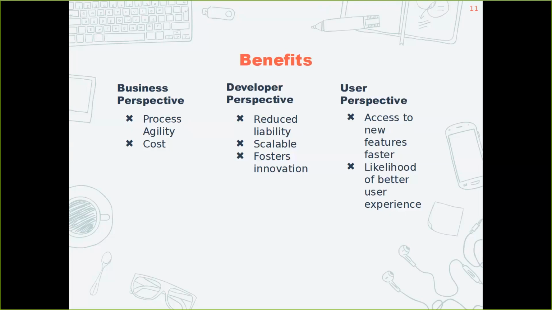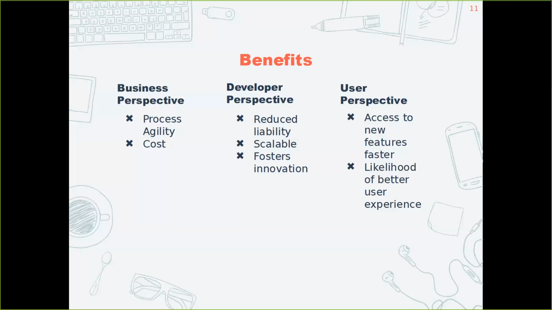From a user perspective, like I said, it ties up with the first, process agility, because those are coupled to each other. If the customer wants new features faster, it requires process agility and vice versa. And then there's a better user experience. You might have noticed this when new apps come on the Android Store or Apple Store, some of them have really bad feedback, and then the developers reply saying, look, we've released a new feature, it's the new updated version, please update to it, and the bugs that you found have been fixed.